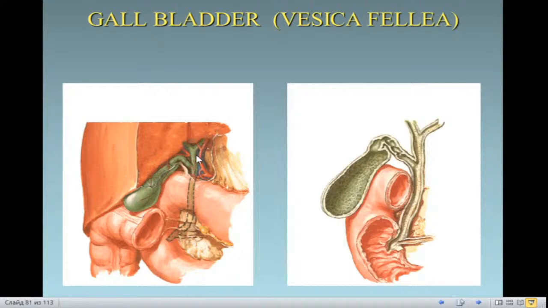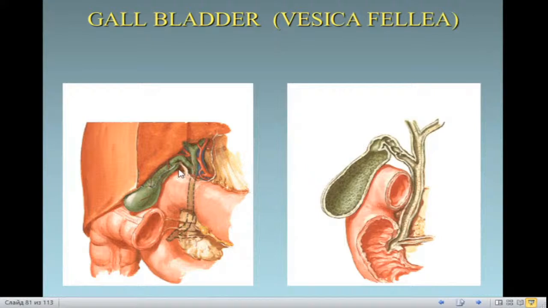They will be joining to form ductus hepaticus communis, the common hepatic duct, and for temporary storage it will go through the cystic duct to the gall bladder, located in fossa vesicae felleae. Vesica fellea is the Latin name for gall bladder.